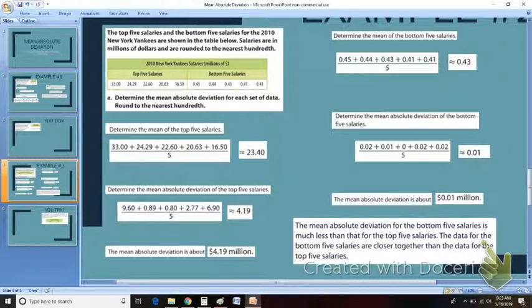Okay, and then what that means is that the mean absolute deviation for the bottom 5 salaries is much less than that for the top 5 salaries. So the data for the bottom 5 salaries are closer together than the data for the top 5 salaries.